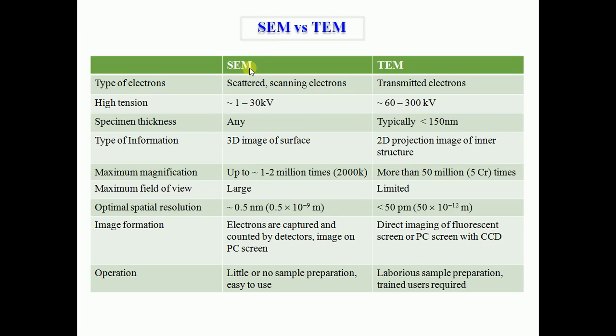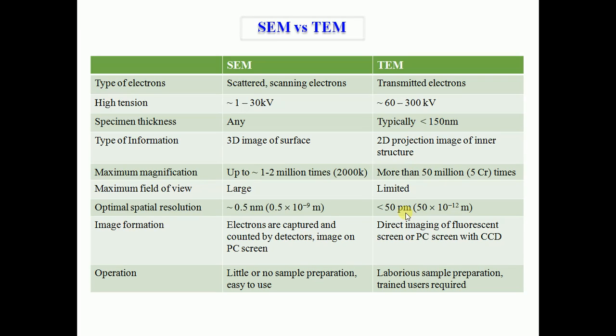As I said, maximum magnification is of the order of 2000 K in SEM, and in case of TEM, it is 5 crore times. Maximum field of view is large in case of SEM, and in case of TEM it is very small because you need greater magnification. Spatial resolution, as I said, is 0.5 nanometer in case of SEM, and in case of TEM of the order of few picometer.